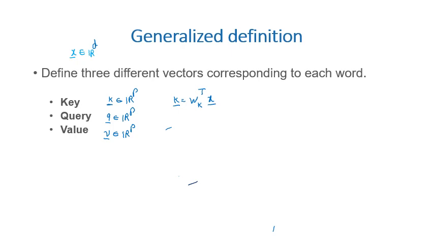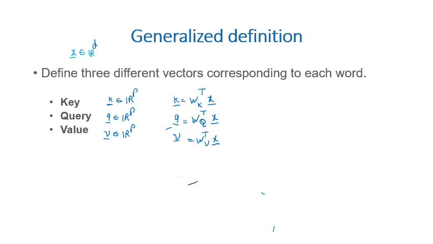When we talk about the transformer, it becomes more clear. We compute Q through another projection, and we compute V by another projection, right?